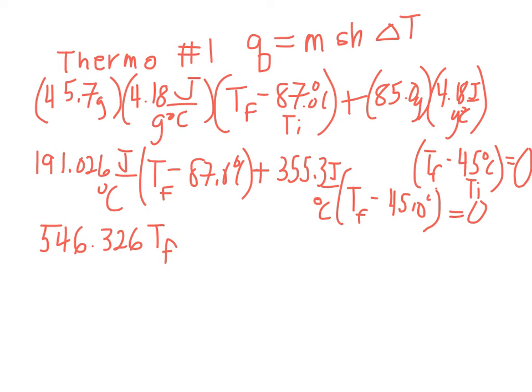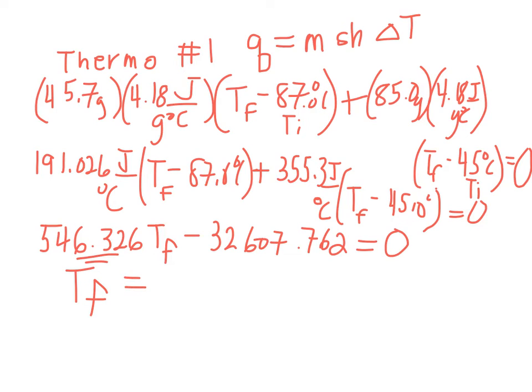So here's where I've combined the T final term, minus 32607.762 equal to 0. Finally, TF equals 59.69.